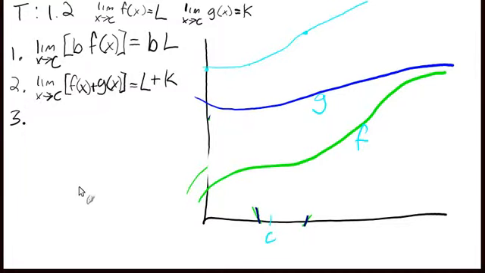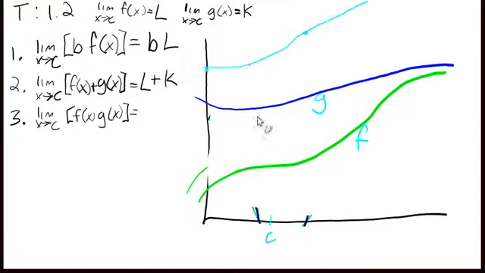3. It's the same deal except for multiplication. Okay, so kind of a similar situation. If we have a function f and a function g, we're not adding them together this time, we're multiplying them. So it's going to be somewhat similar to this.